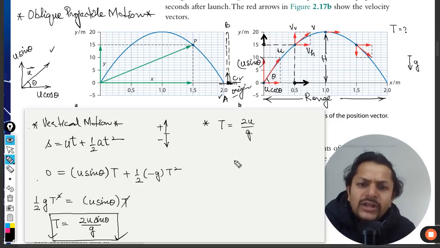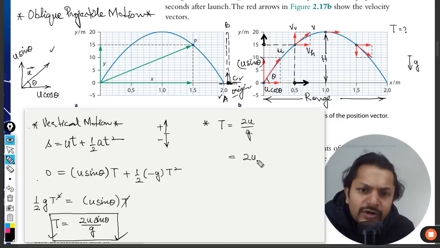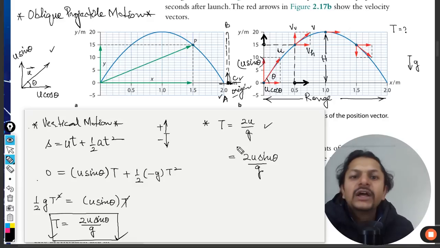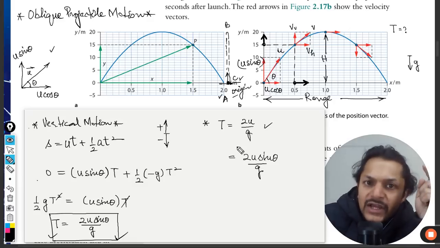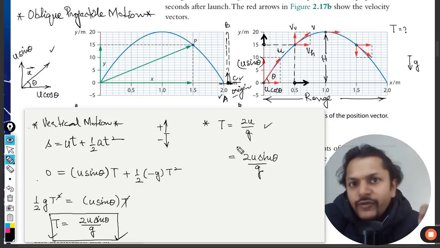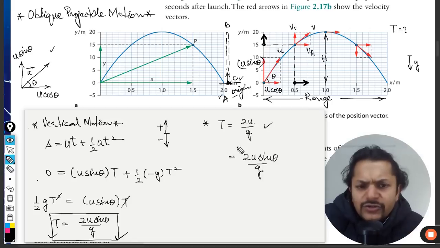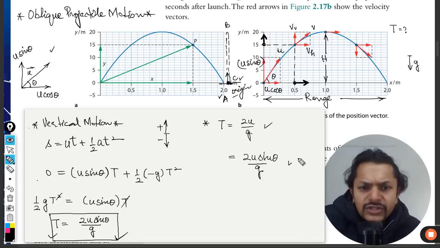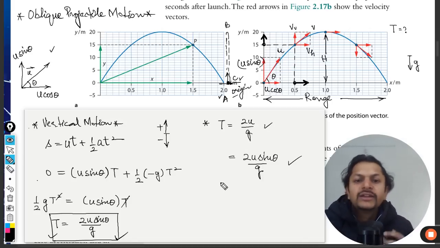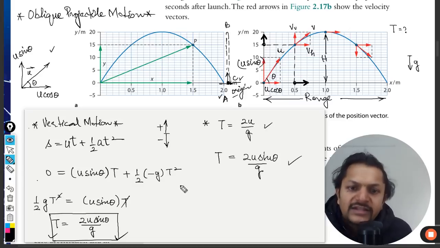Just plug that value in, and in this particular case you get 2u sine theta divided by g. So if you remember this formula that we derived in the vertical projectile motion, you can directly use it and reach the conclusion that T is equal to 2u sine theta by g. So this is the total time of flight.